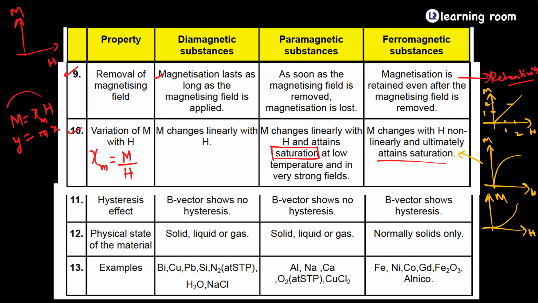For ferromagnetic, you read that it is non-linear, so you will eliminate the first option and none of these. Confusion will start between these two, because both are non-linear. So what do you need to have in your mind? Will the graph be bent upwards or downwards? It should be bent upwards, because when it is bent upwards, more output is generated for lesser input. So the right option should be this.